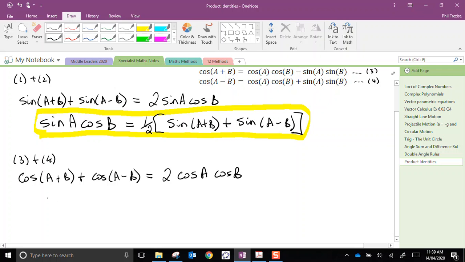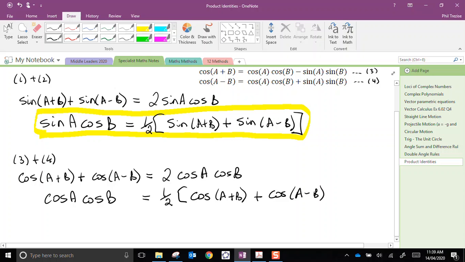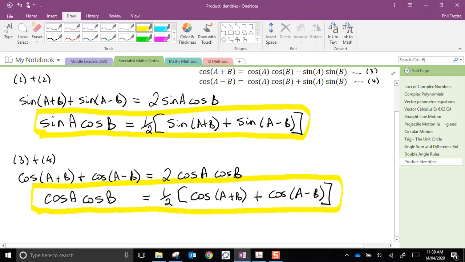And this gives me my rule for the cosine of A by the cosine of a different angle B. So multiply by 1/2, and then it's cosine of A plus B added to cosine of A minus B. There's my second product identity. This time it's the product of the cosine of two different angles. Last time it was a sine multiplied by a cosine of two different angles.